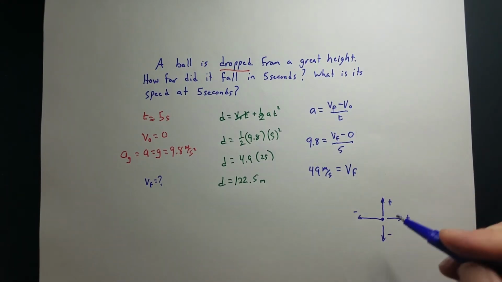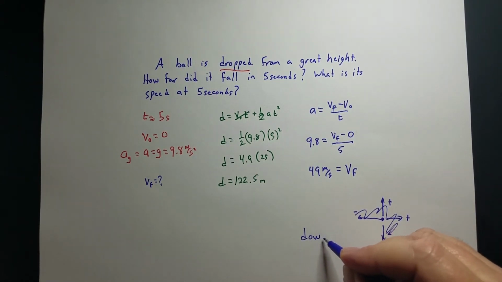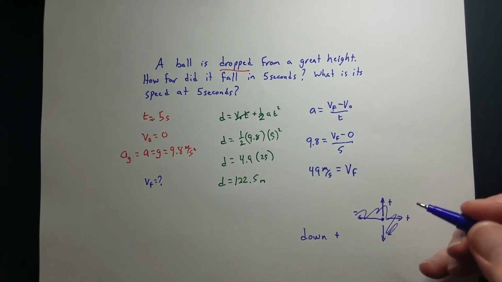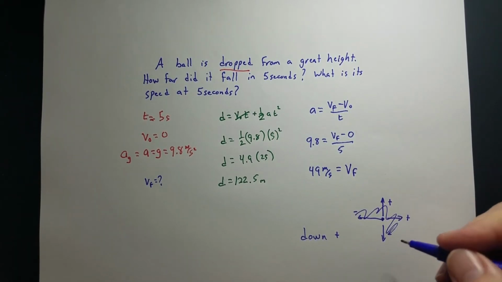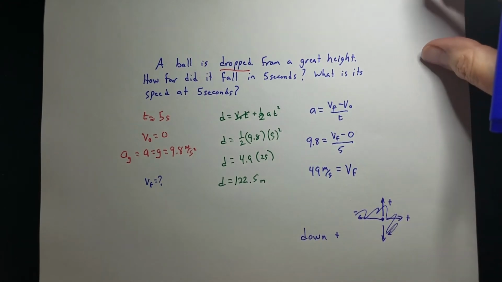In that case, I actually redefined this and said down was the positive direction. That's perfectly legitimate. You can say that down's negative and just use that as your reference frame. But I like to try to keep things as simple as possible. And as long as everything's going in the same direction, we'll just say that direction is the positive direction.